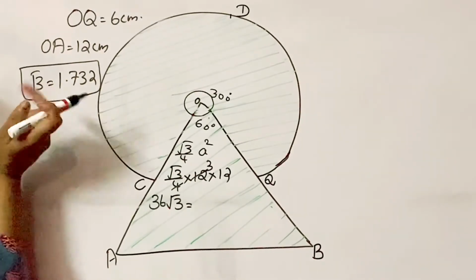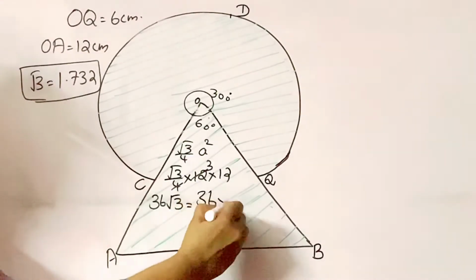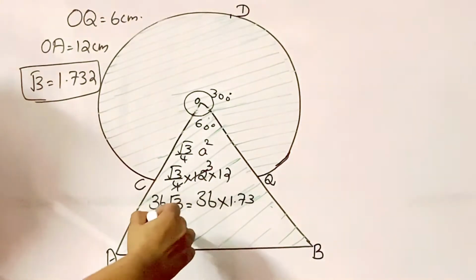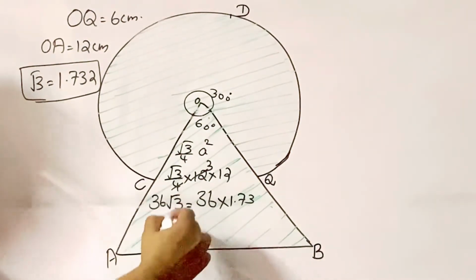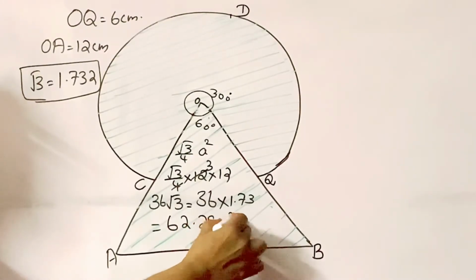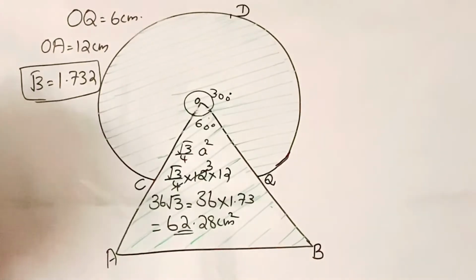Here we can take 1.73, calculating up to two places is enough. So 36 into 1.73 is 62.28 centimeter squares. That is the area of the equilateral triangle OAB.